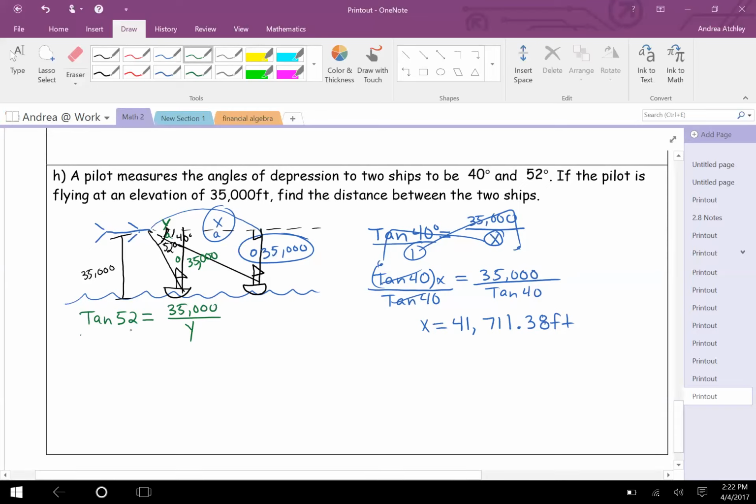So put this over 1, and we're going to cross multiply. We're going to get Y times the tangent of 52 equals 1 times 35,000. Then we're going to divide by the tangent of 52.